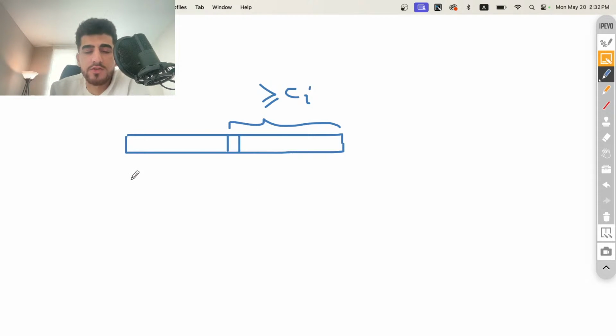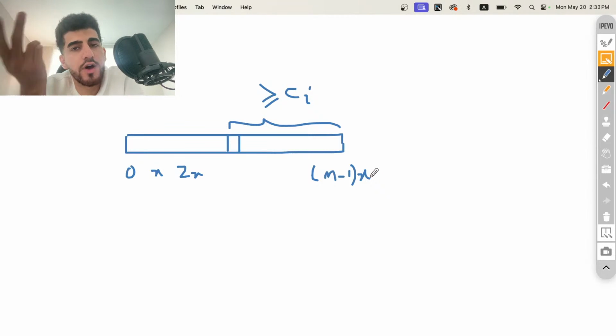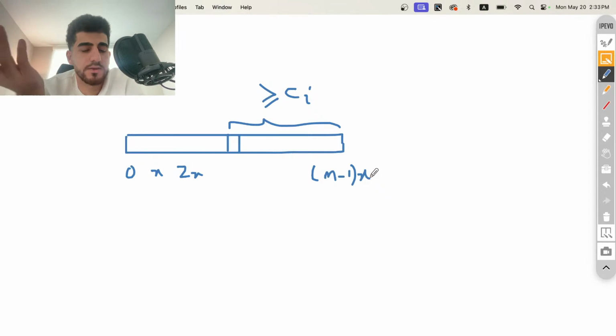Initially I have 0 here, x here, 2x here, and (m minus 1) times x here. I end up with the same structure. If I do greedy, I can transfer optimal to greedy to have the same answer. So therefore greedy is optimal.